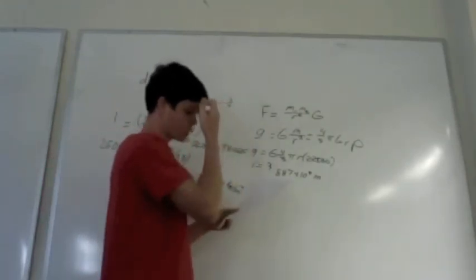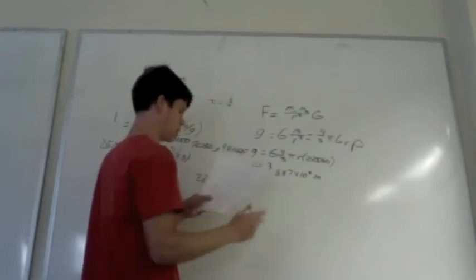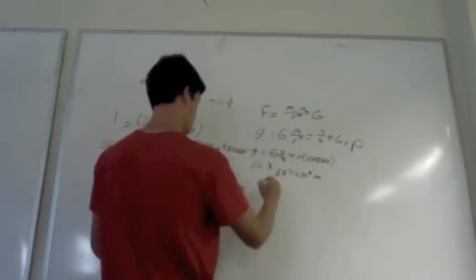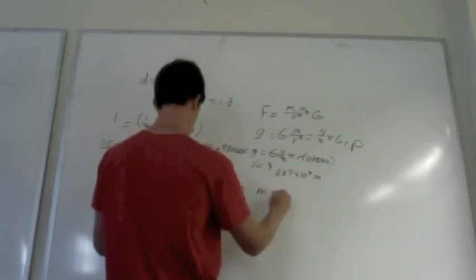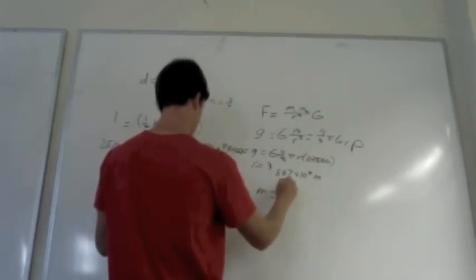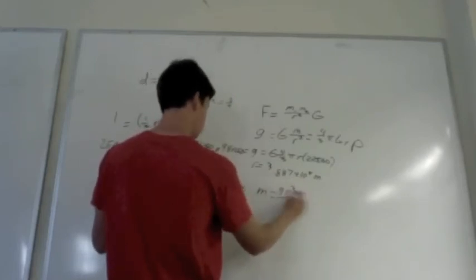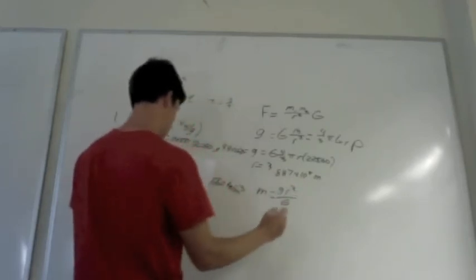Right, so we can extract just a little bit more data from this. Using this formula again, we can solve for mass this time, where mass is the gravitational acceleration times r squared over the gravitational constant.